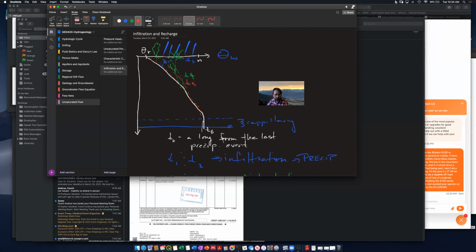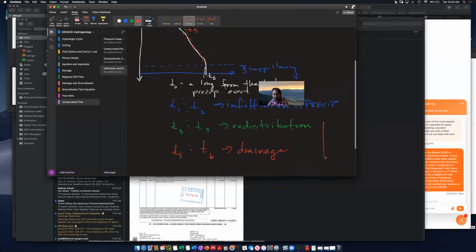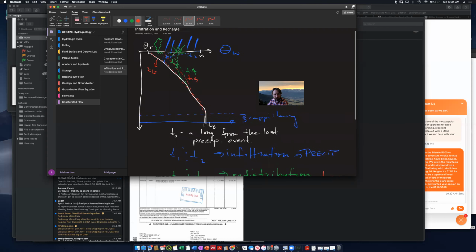So this is T5 and now T6. So we've ended up back at our original profile, and these times are past the precip. So during precip, we wet up from the top, and then we drain, we redistribute, and then drain back to our long-term profile between precip events.